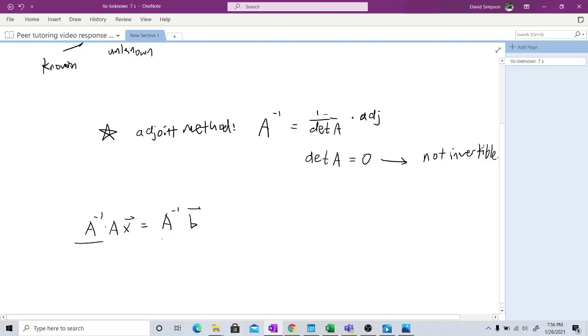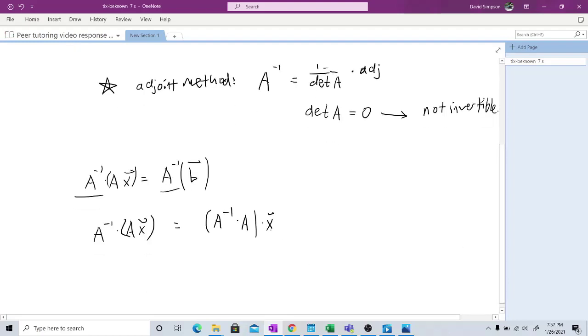So you can see we put A negative 1 on the left of both sides and multiplied it. And there's another rule that says matrix multiplication is associative. So that means A negative 1 times (AX), where AX is in parentheses, is equal to A negative 1 times A times X.